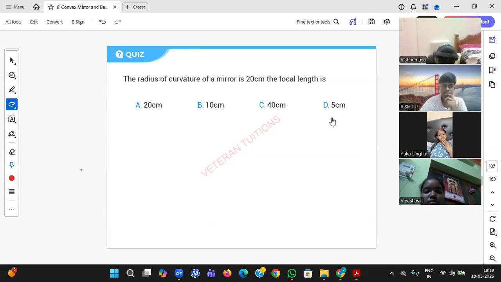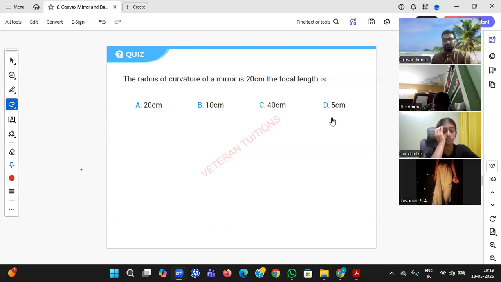Right answer, Ridhima, Lavanika, Ritika, Pranav, Rishish, Yashashvi. Come on, who else? Vishnu Maya. All of you? Okay, obviously it is.